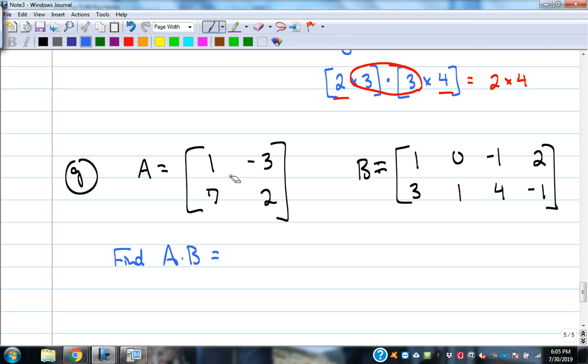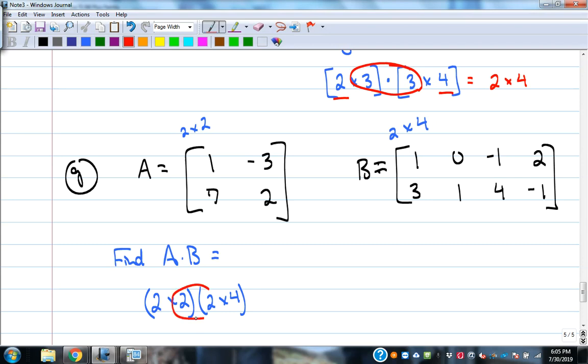So what size is matrix A? It's 2 by 2. Matrix B, how many rows does it have? 2, and 1, 2, 3, 4 columns. So it's a 2 by 4. So we have a 2 by 2 times a 2 by 4.